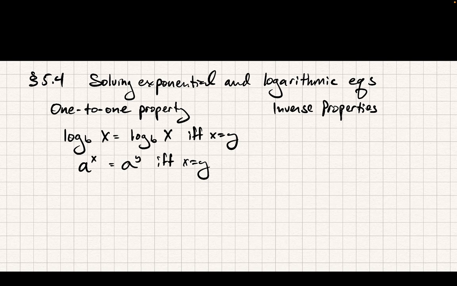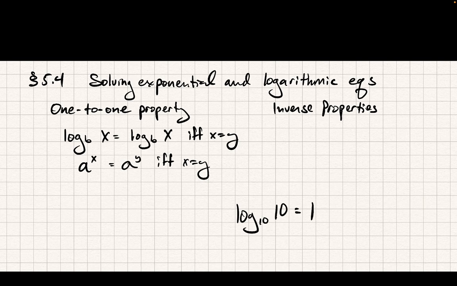When we're crossing out logs and exponents. So it's like log base 10 of 10, you just make it 1. So that's true, log base 10 of 10 equals 1.